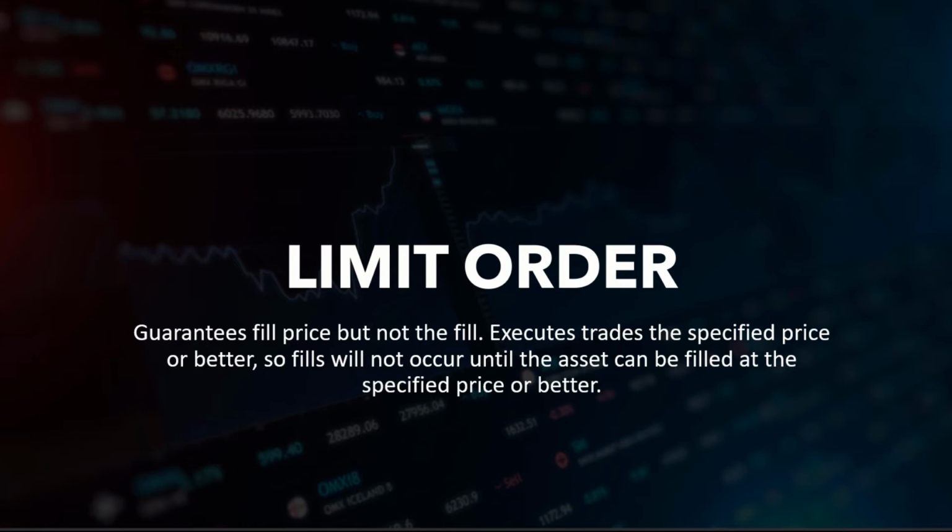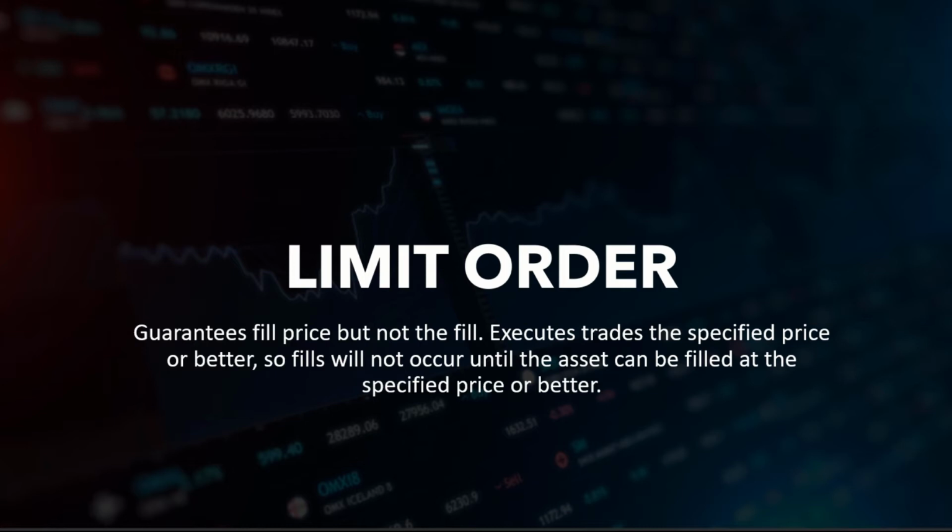And to put it into perspective, limit orders can be used for both buy or sell orders. So if you are using a limit order to buy a stock, let's use once again the Apple example. If Apple is trading at 110 and you put in a buy limit order at $100, you will get filled at $100 or lower.